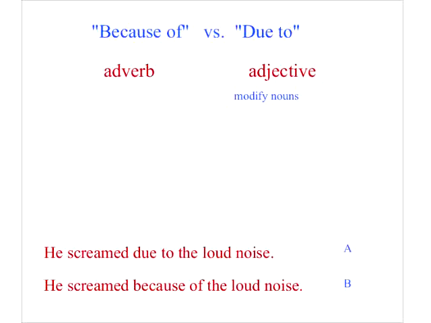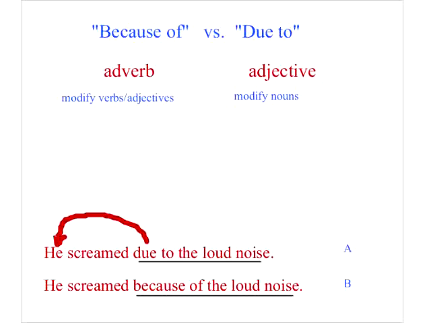Verbs, and one other thing too. Do you know what else adverbs can modify? Other adverbs and other adjectives. Yeah, I should have written adjective or adverb as well. So in this example, this modifying phrase, due to the loud noise, because of the loud noise, it seems as though we are saying that he is due to the loud noise?